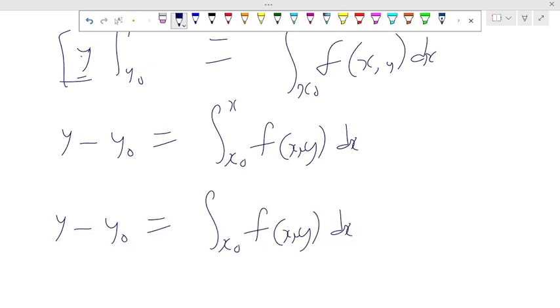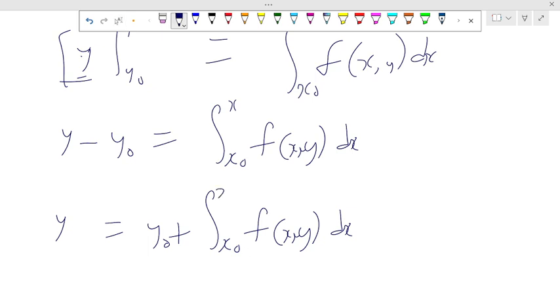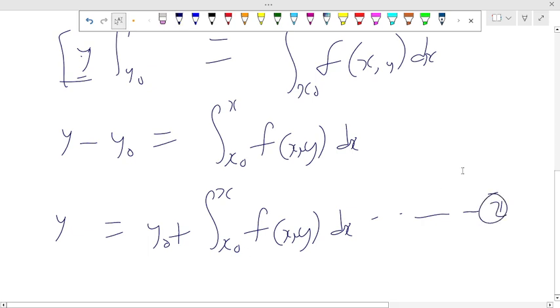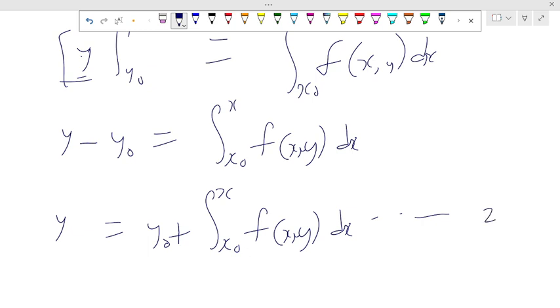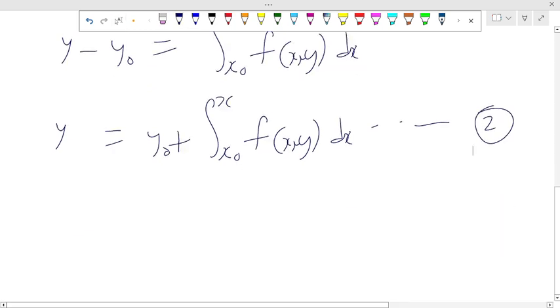So y0 moves over to this side and becomes y0 plus all that, and here will be x. So this is the Picard's formula, or what we use for Picard's method, equation 2.